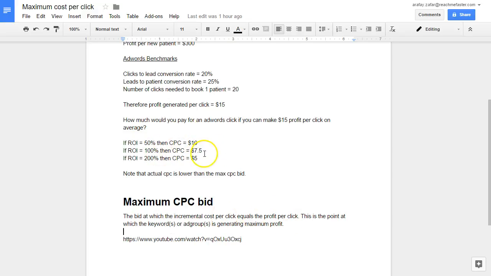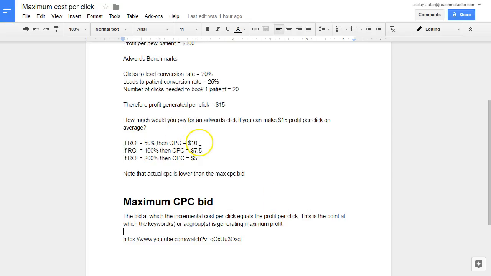So depending upon your ROI, you have selected the profit. Let's say, for example, if you're satisfied with 100% ROI, then the cost per click is 7.5. So when the incremental cost per click equals 7.5, that is your maximum CPC bid. If you go above that maximum CPC bid, you will start losing money, in the sense that you will generate less profit if the incremental cost per click is higher than the profit per click.